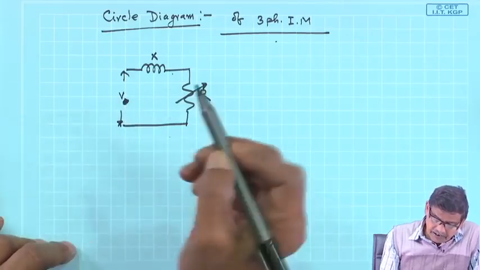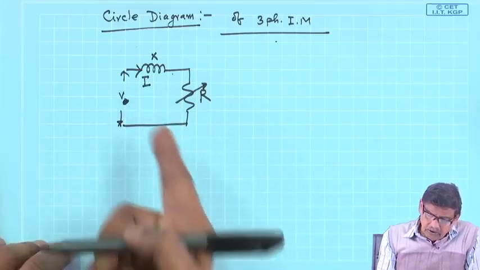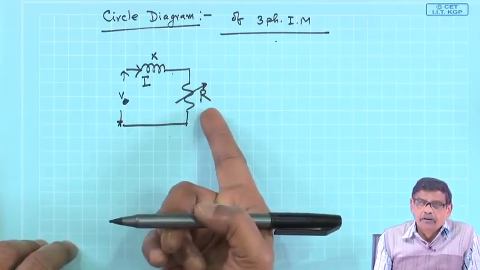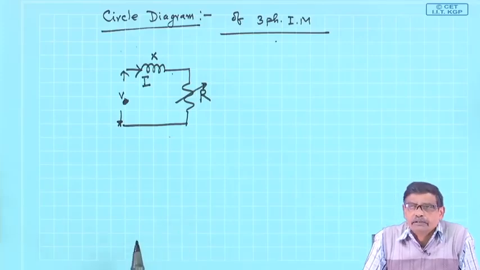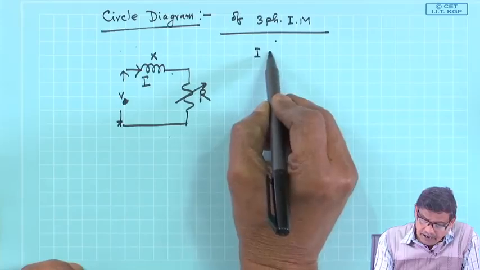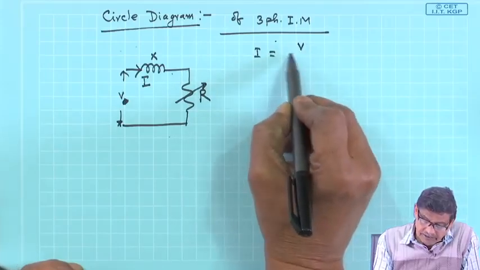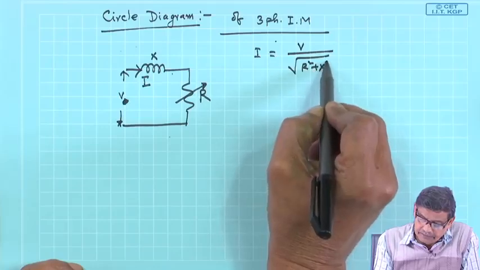Why V1? Call it V, and suppose the current is I. Obviously, this resistance I will vary from 0 to infinity. Then obviously, the magnitude of the current I is V over root of R square plus X square.